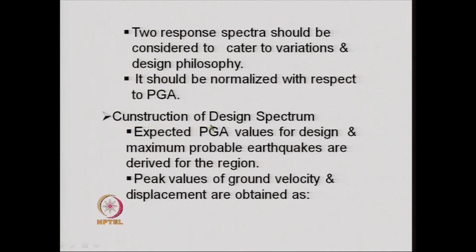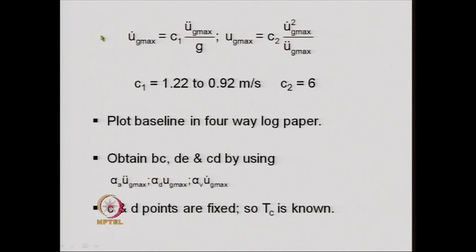Next, let's see how we can construct a design spectrum. For that, we follow certain steps. First, the expected peak ground acceleration values for design and maximum probable earthquakes are derived for the region. Then peak values of ground velocity and displacement are obtained using empirical relationships.